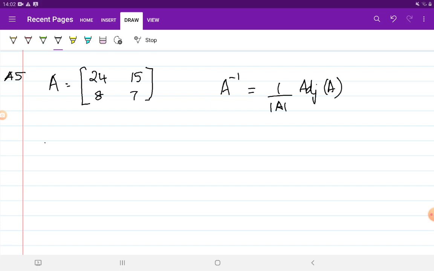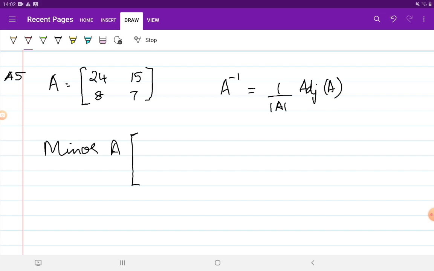So first let me find the minor of A. Now to find the minor matrix of A, I'm going to replace each element by its minor.